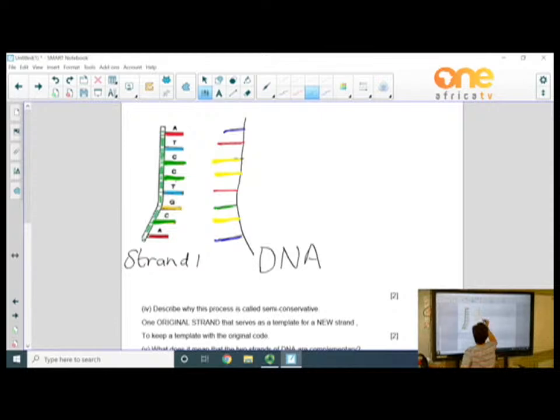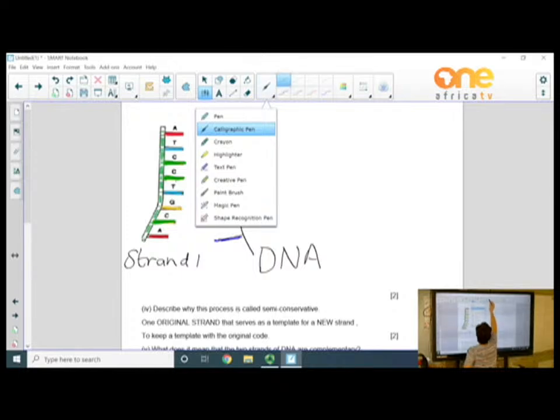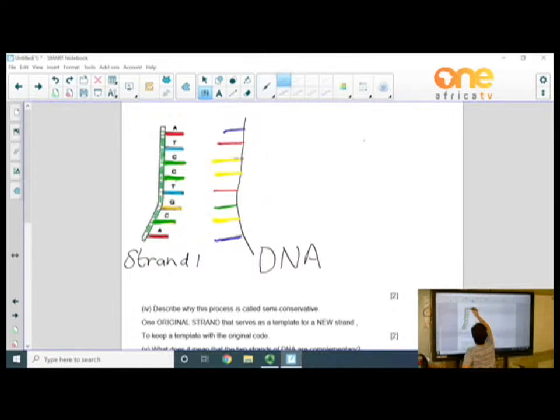You agree? But you cannot use color, so let's rather write A links to T, T to A, C to G, G, T to A, G is yellow, so that's a C, C, G, and T. That is how the other side will look.